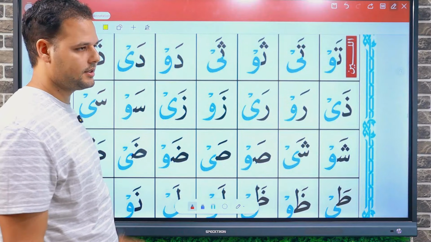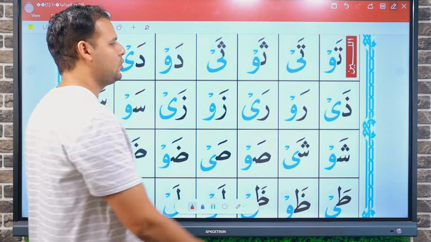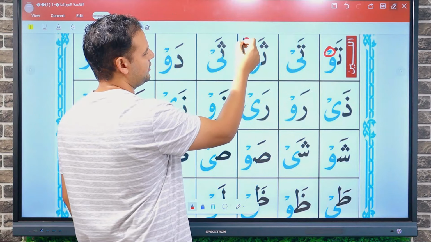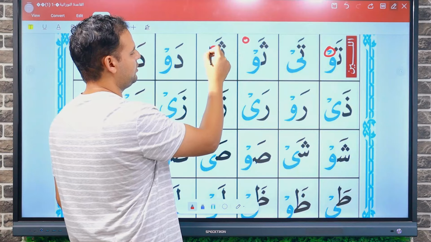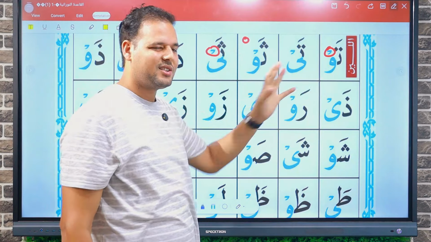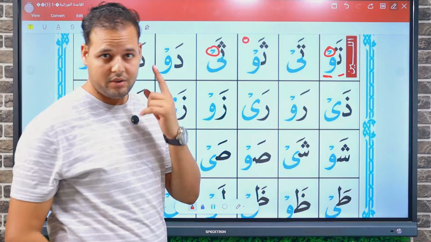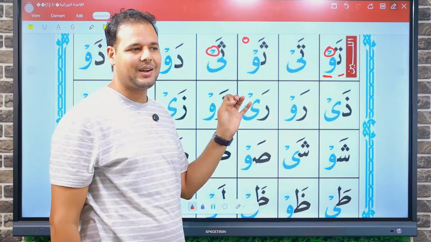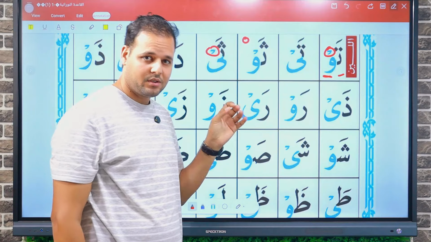Now, before the last rule, this is called sukun. This sign. It can come like this as a complete O or semi-O like this. Alright, so we have this one is not complete silent. It means that you need to pronounce this letter with the one before it together as one sound. So instead of saying ta, wa, no, it's going to be tau together.